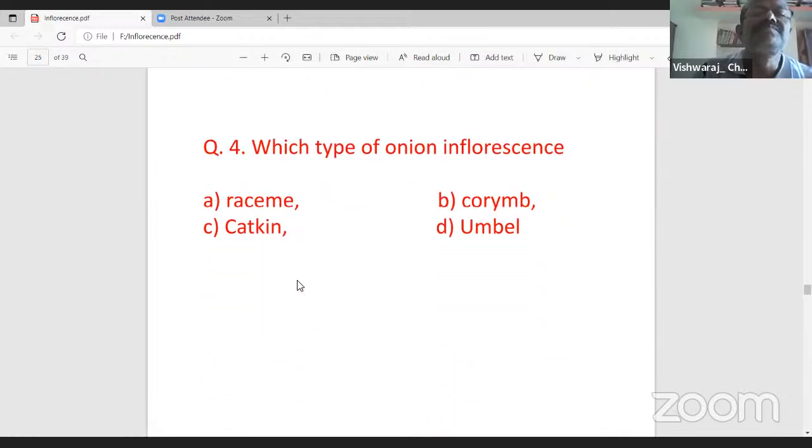Fourth question: which type of inflorescence is onion? We have seen an example of onion inflorescence. Which type is it? A, raceme; B, corymb; third, catkin; and fourth, umbel. Fourth, umbel.